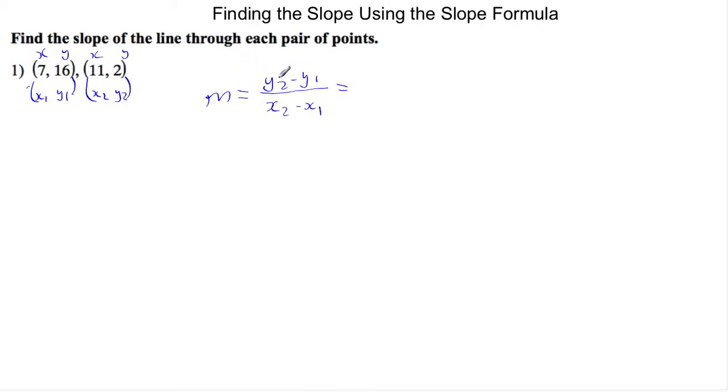So now I just plug values in. y2 is 2, y1 is 16, x2 is 11, and x1 is 7. So here I'm going to have negative 14 over 4, which I can reduce to negative 7 over 2.